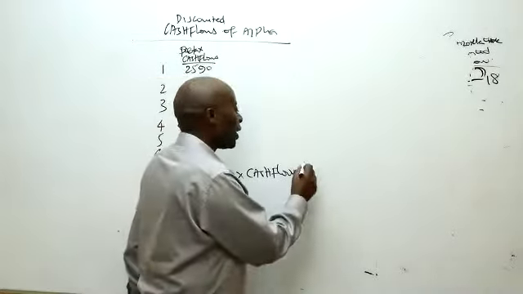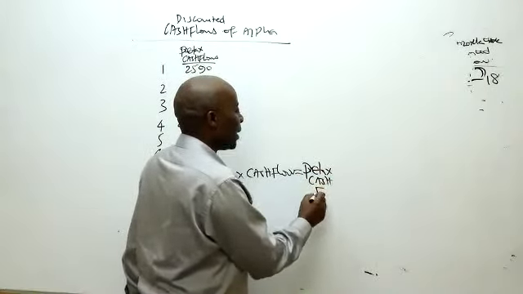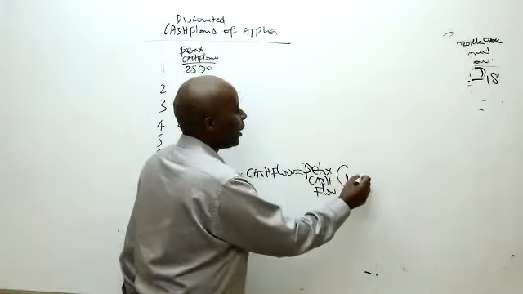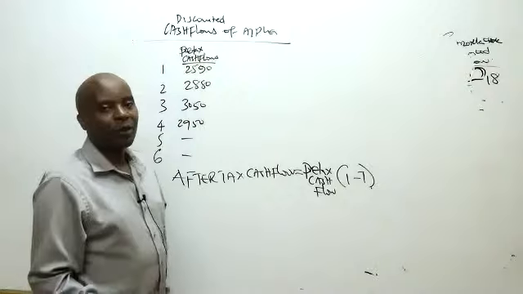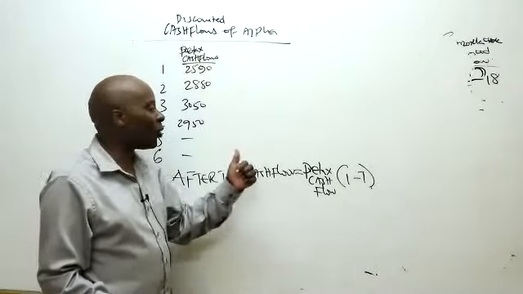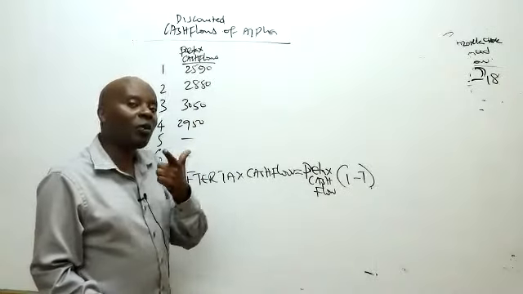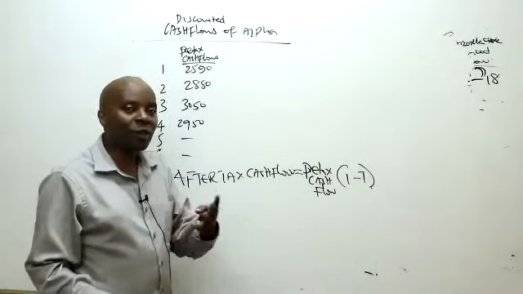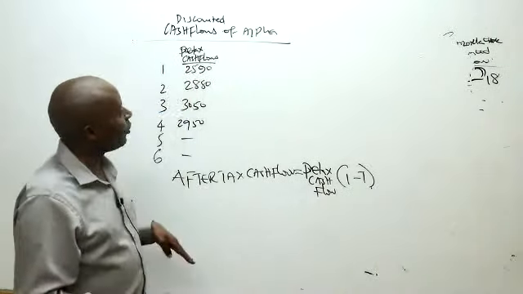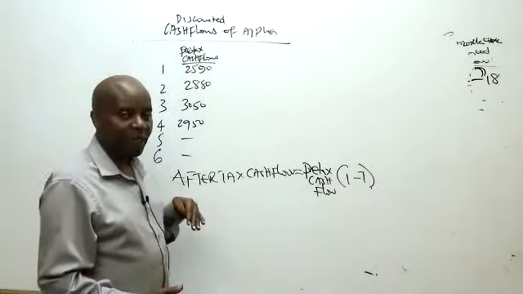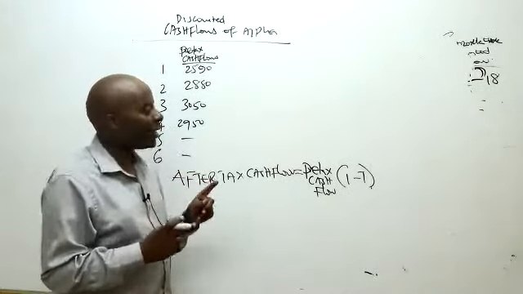You should always take the pre-tax cash flow multiplied by 1 minus taxation. You simply tax these because these figures are already cash flows. Only that they have not looked at the tax effects.